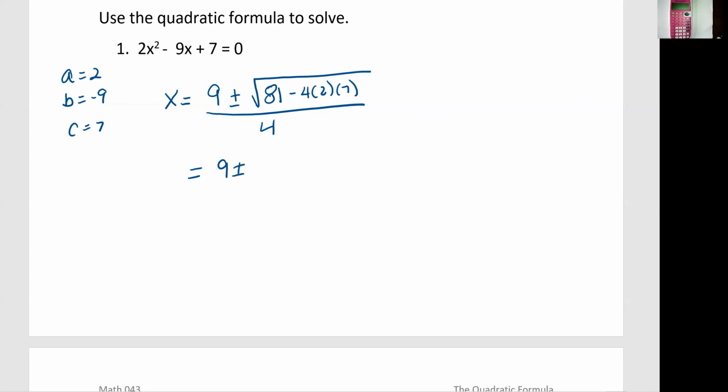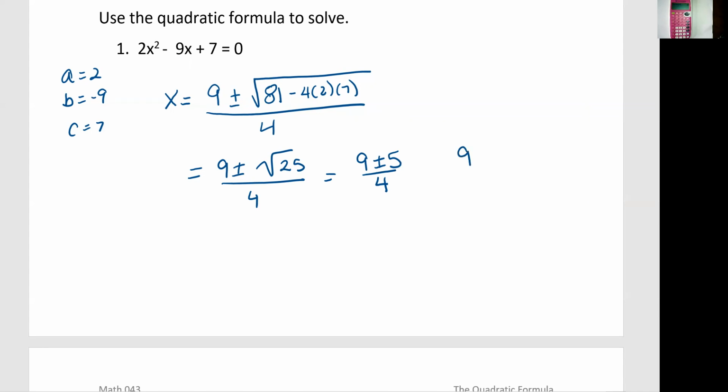We'll calculate 81 minus 4 times 2 times 7. So that's the square root of 25. The square root of 25 is 5. So we have two equations.